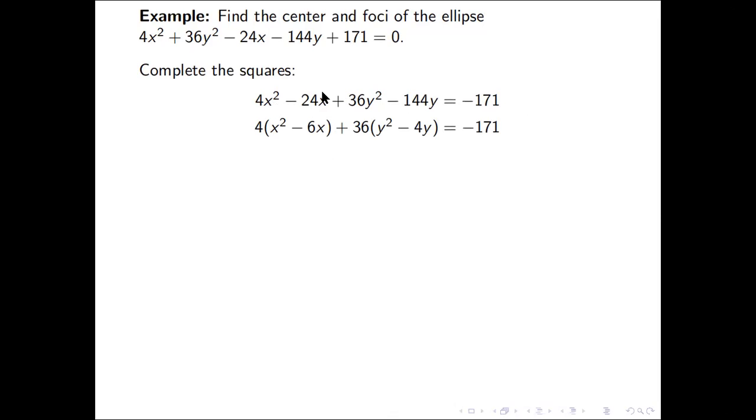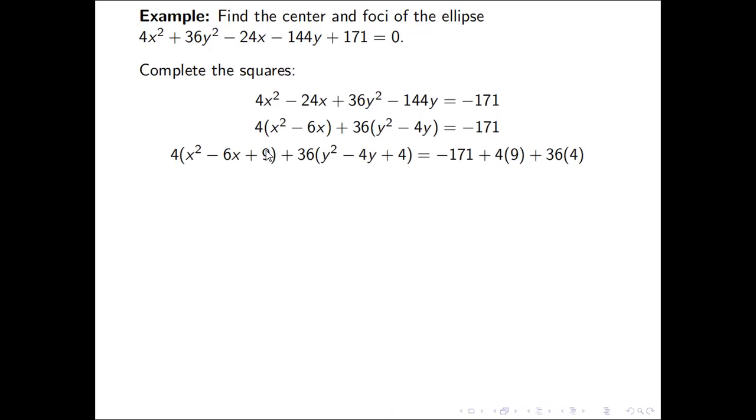By the way, group the x's and group the y's. And then factor out the coefficients of x squared and y squared. So 4 times x squared minus 6x for this group. And then 36 times y squared minus 4y for this group. Just factoring out 36. And then we make these perfect squares.